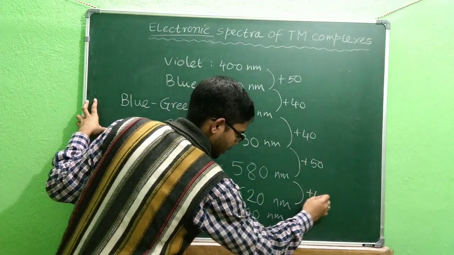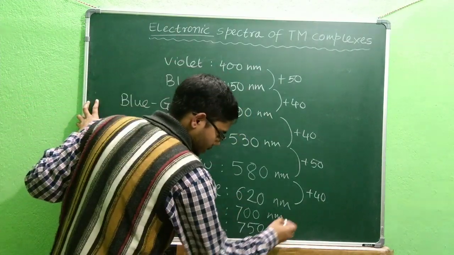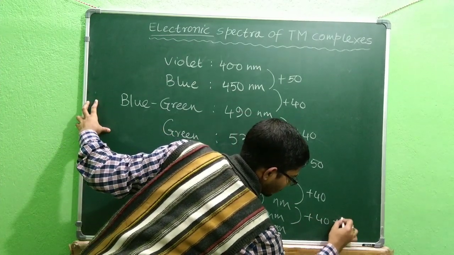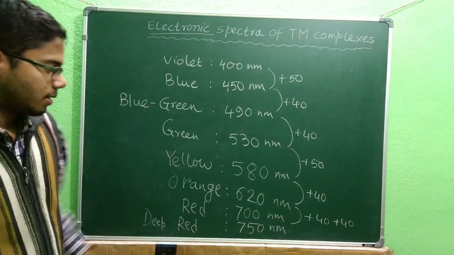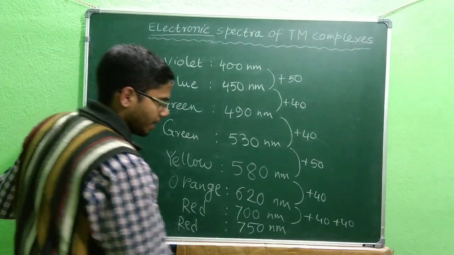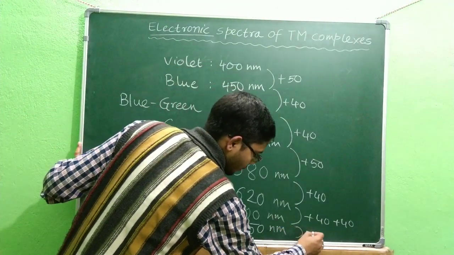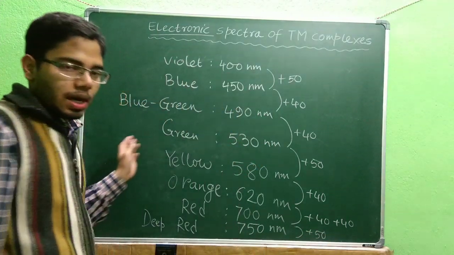You add plus 40, you will get 620. You add plus 40 plus 40, you will get 700, and from 700 to 750 you add plus 50. So this is how I remember.